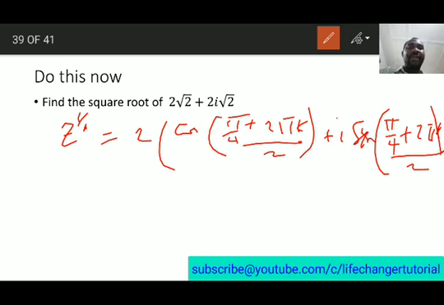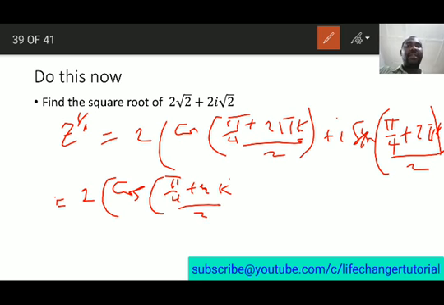So when k is 1, remember we got the first answer by letting k be 0, which I'm expecting a reply from you guys on. Now this will be 2 into cos, and if k is 1, it will be pi over 4 plus 2 pi k, divided by 2, then plus i sine pi over 4 plus 2 pi k, everything all over 2.